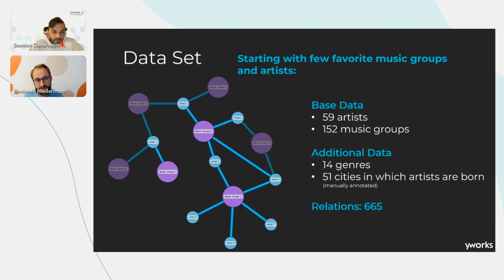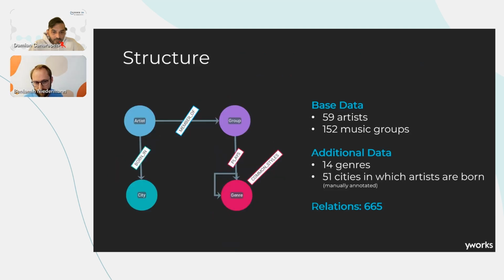So what I did is I started with favorite music groups and artists, and extracted a much smaller snapshot of this data with about 60 artists and 150 music groups and some additional data. And this gives me the example that I would like to present today. And for the structure, this is important to also understand later on the Jupyter Notebook examples. The structure is as follows.